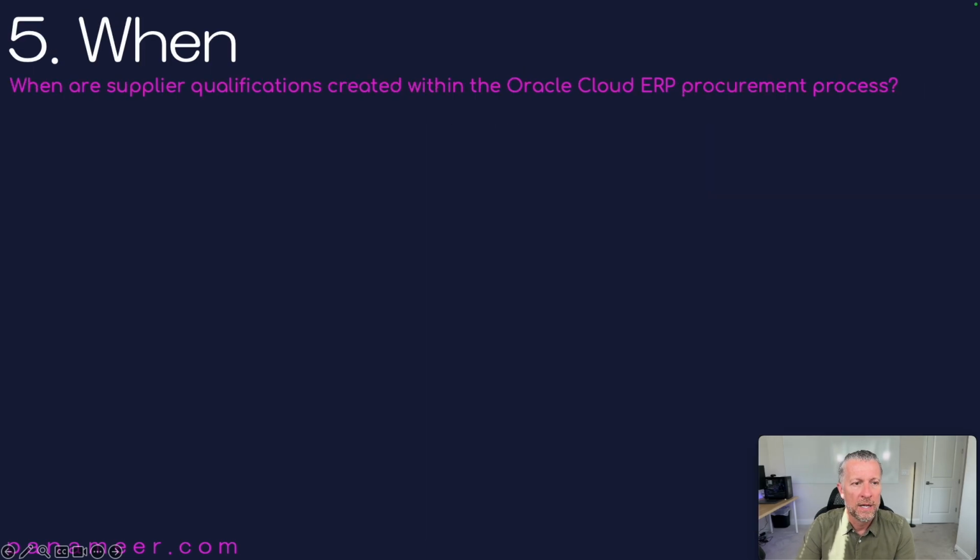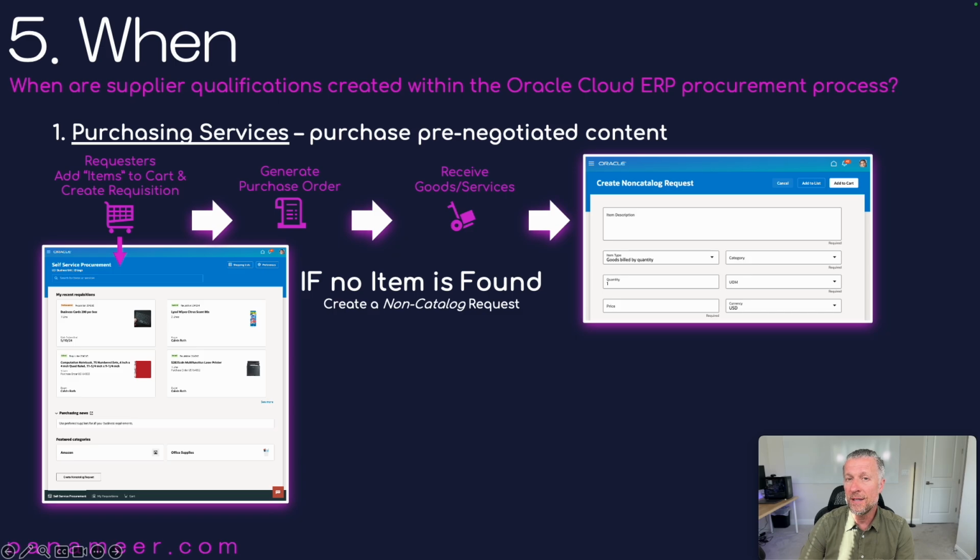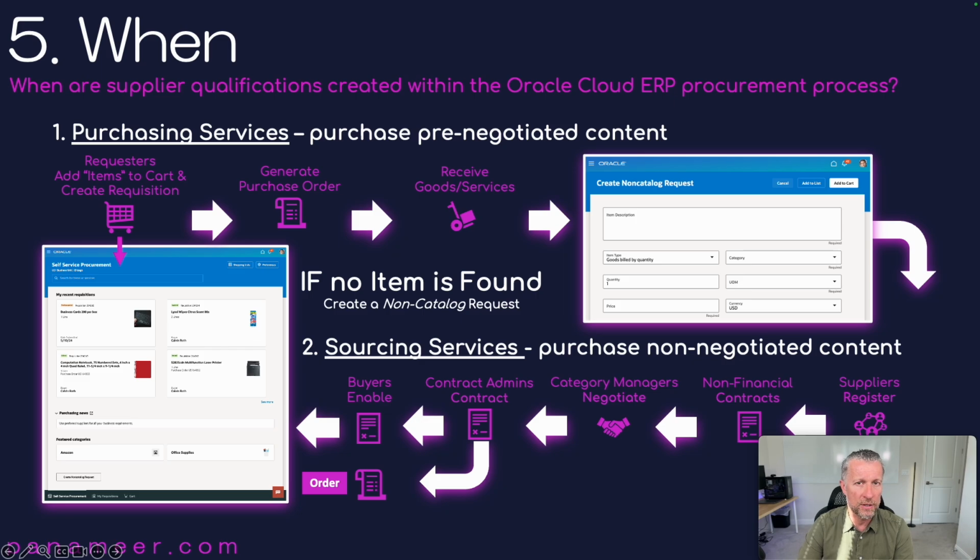Fun fact. Slide 5. When are supplier qualifications created in the Oracle Cloud ERP procurement process? So let's take a look at that process. First, requesters use catalogs to purchase pre-negotiated content. So they send the PO out and they get the content. But if there is no pre-negotiated content, then they'll use a non-catalog request to invoke sourcing services.